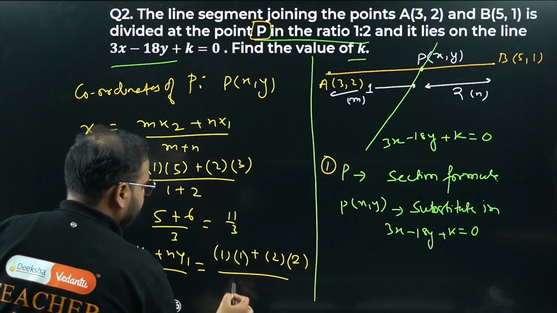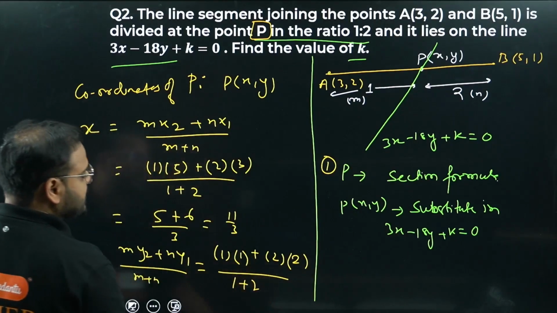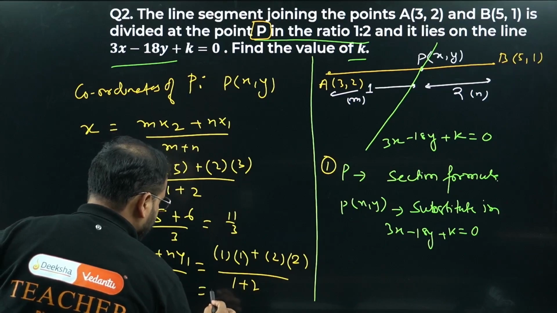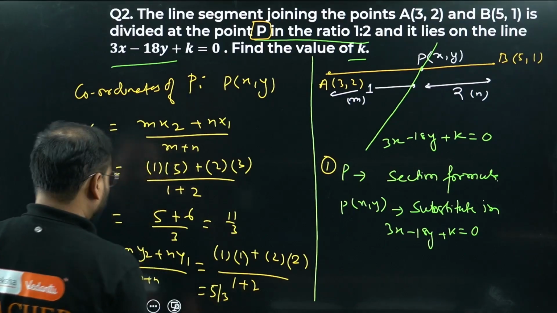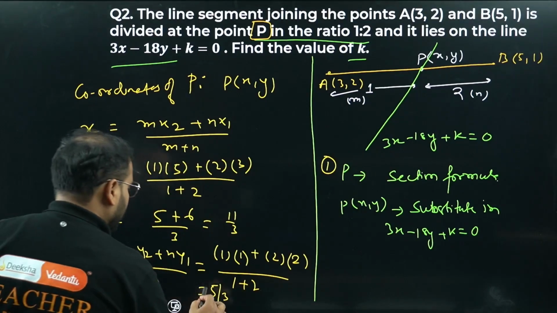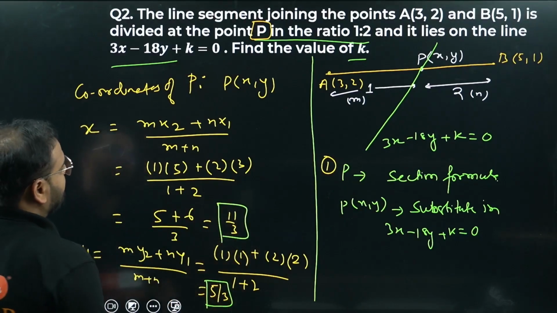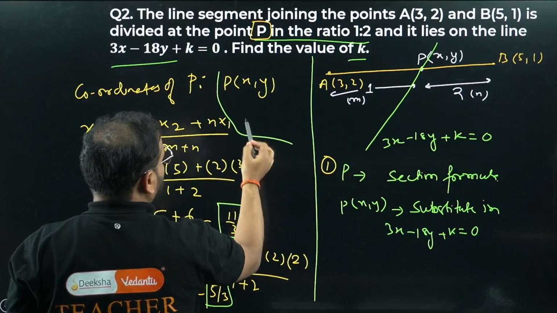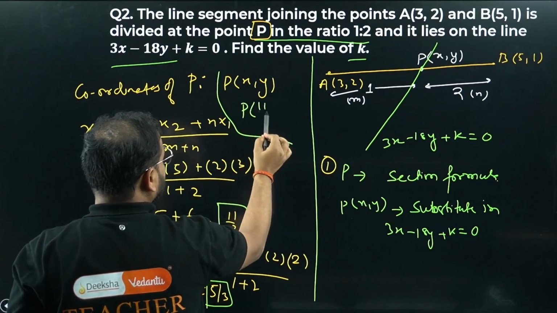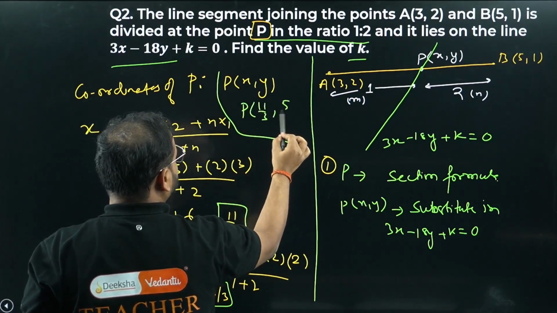So 1 plus 4, how much is that? 5. So I'm getting 5 by 3. Yes or no? So my coordinates are 11 by 3 and 5 by 3. P is x is 11 by 3 and y is 5 by 3.